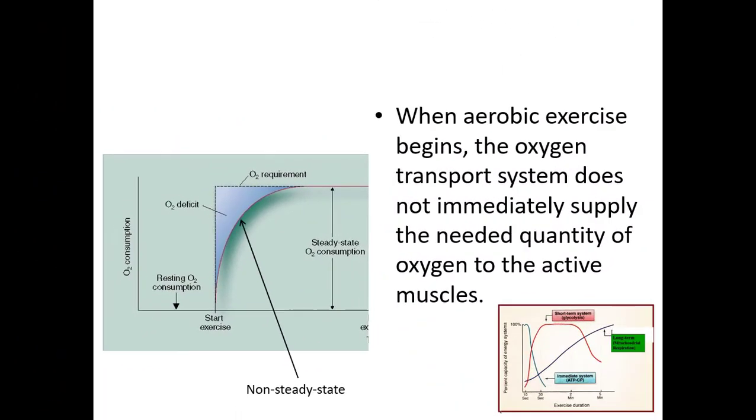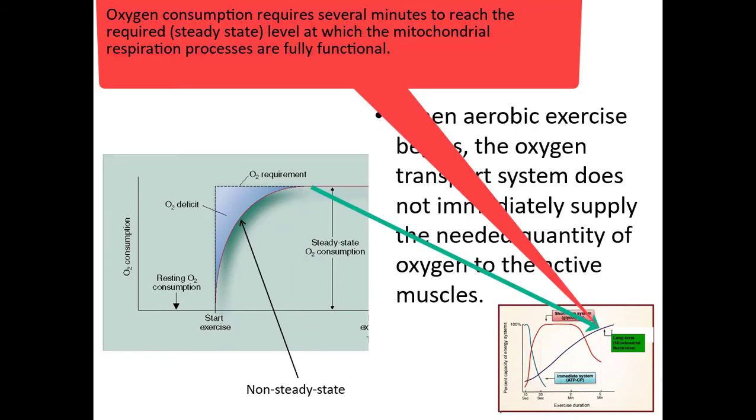When aerobic exercise begins, the oxygen transport system does not immediately supply the needed quantity of oxygen to the active muscle, because oxygen consumption requires several minutes to reach the required or steady state level at which the mitochondria respiration process is fully functional.